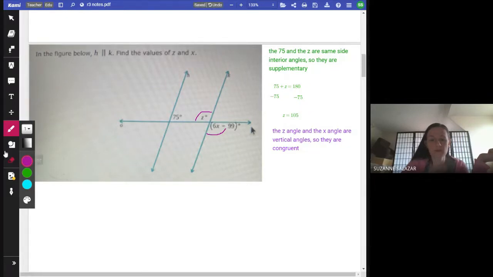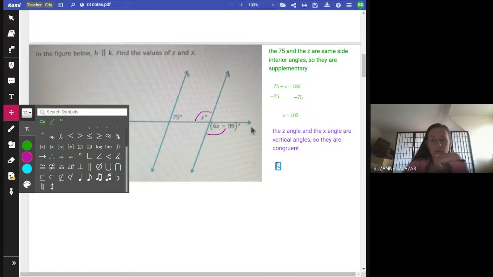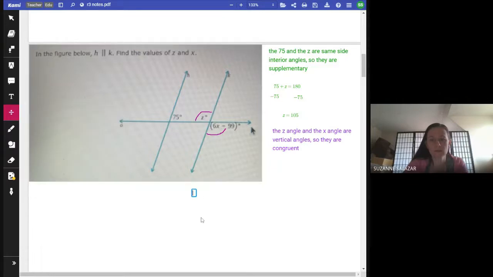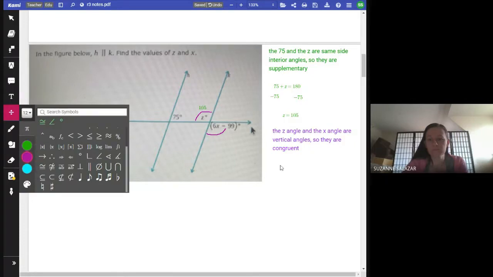I'm not going to draw through the thing and make it look like a plus sign, but you get what I'm doing, hopefully. Congruent means that they equal each other. So Z we already know is 105.